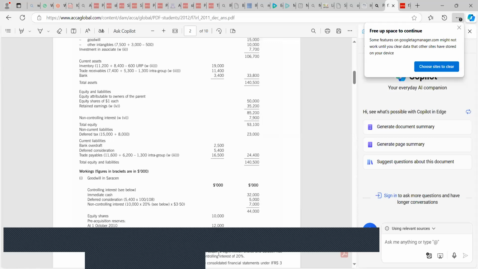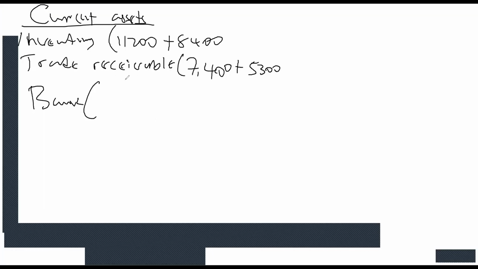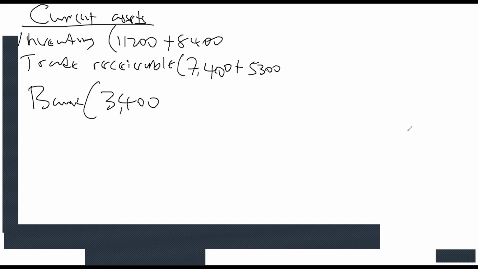Good. So he said it's 3,400. So open it and leave it. Then you get what you call total assets.